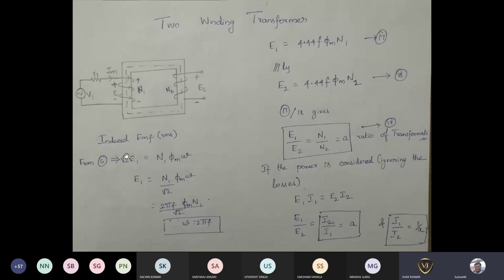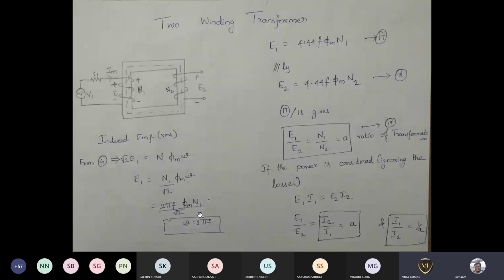This is the induced EMF in RMS. If you take this root 2 to the right hand side, we will get this expression. This omega is nothing but 2 pi f, where f is the frequency of the signal.